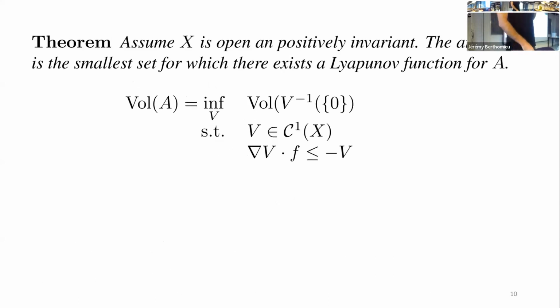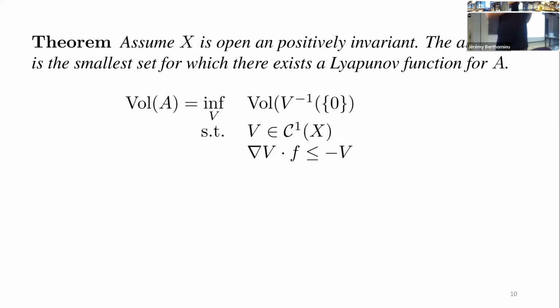And the final part is there's an additional very intimate connection between Lyapunov functions and attractors. Namely, I can even characterize attractors by means of Lyapunov functions. This is done by this well-known theorem here. It says the attractor is the smallest set for which I can find a Lyapunov function.